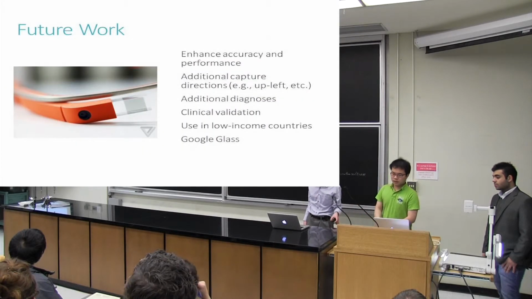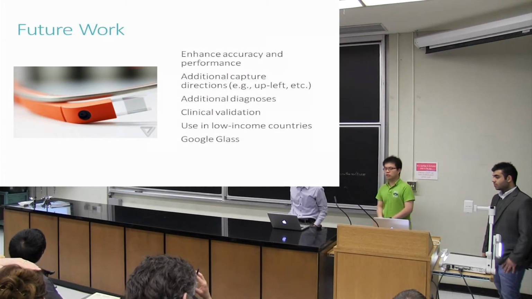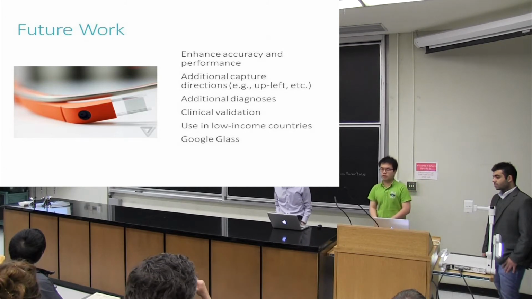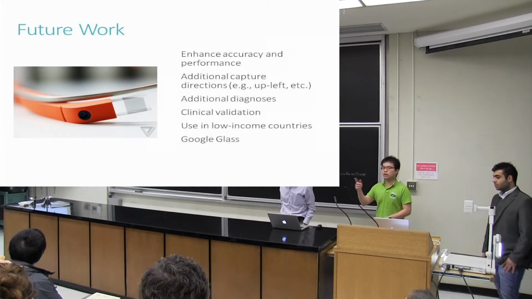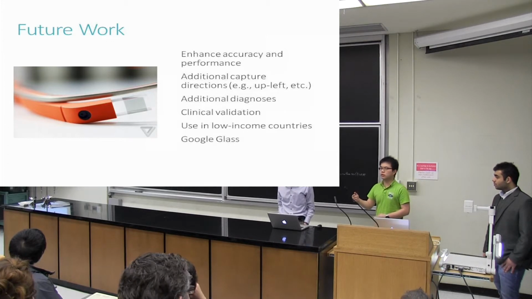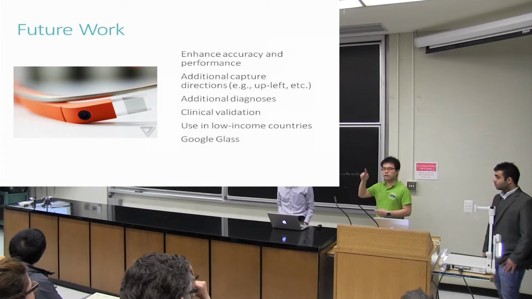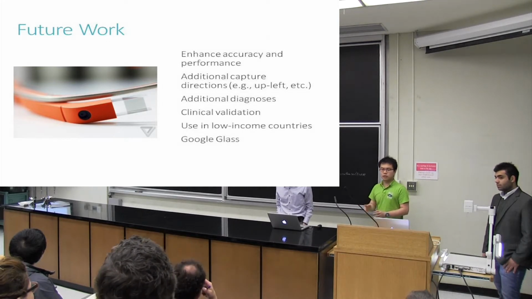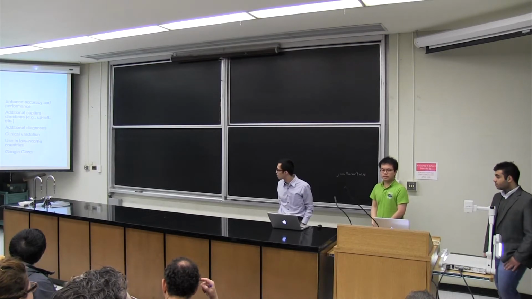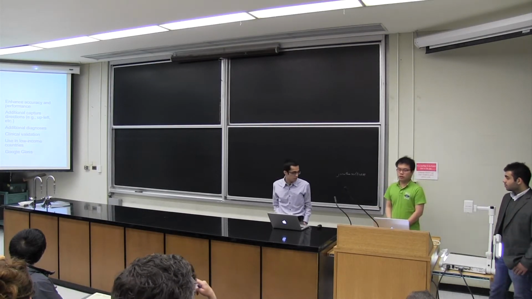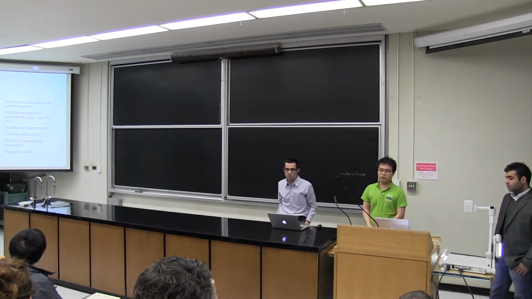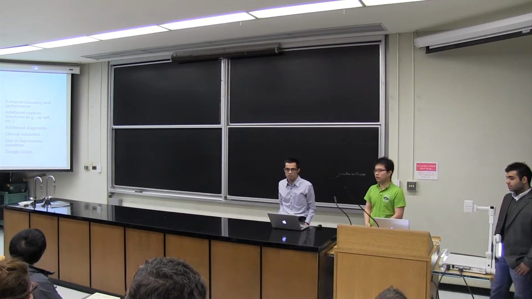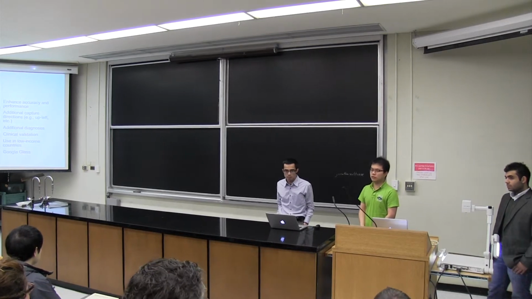And so in terms of future work, the main thing would be to make the app more polished. Also, as you can see, when Beirut was testing it on me, it actually detected more directions, such as the right top and right bottom directions. So we will want to have additional captures in more directions, and we also want to promote this app to low-income countries, or even locally to more hospitals for testing.